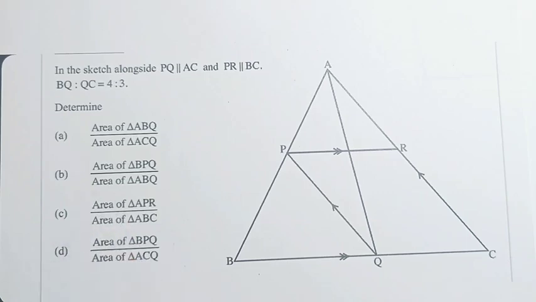I'll show you how to solve all of these, and you must remember the two types of area ratios we're going to learn in this section. You will learn how to calculate the ratio of areas of two triangles under specific conditions. Obviously, the last one is level 4.